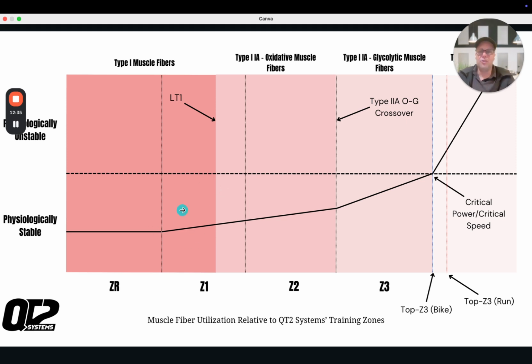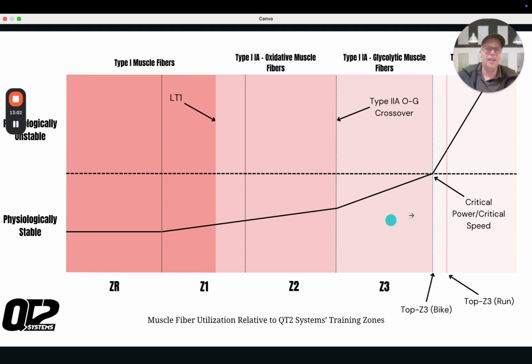And that is mostly type 1 muscle fibers with a little bit of type 2A oxidative. And then we go into zone 2 here, where we are 79 to 89% of critical power, or 85 to 95% of critical speed, and that is all of type 1 and all of type 2A oxidative muscle fibers being used.